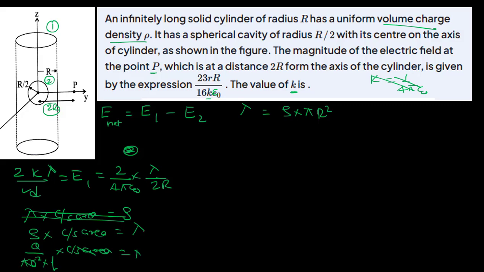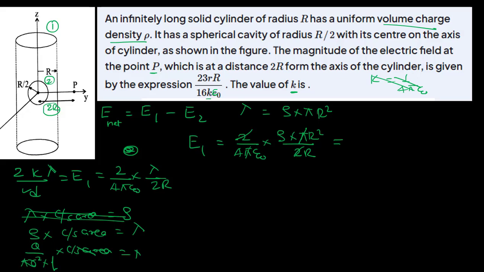Okay, with this now I can write down E1 is equal to 2 upon 4π epsilon naught into λ, where λ is rho into πr² upon 2r. So I can see a lot of things will get cancelled out. 2 and 2 will get cancelled out, then one r and π will get cancelled out.